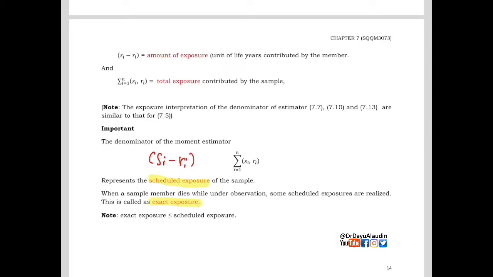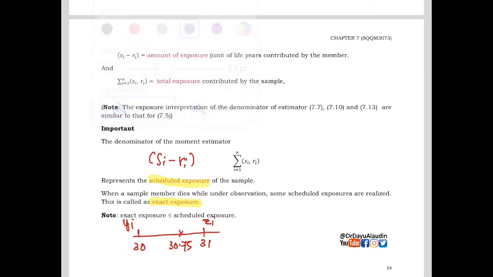So exact exposure is like person 3, only person 3, who is included in the interval estimate, died at 30.75. So yi, zi is 30 and 31.